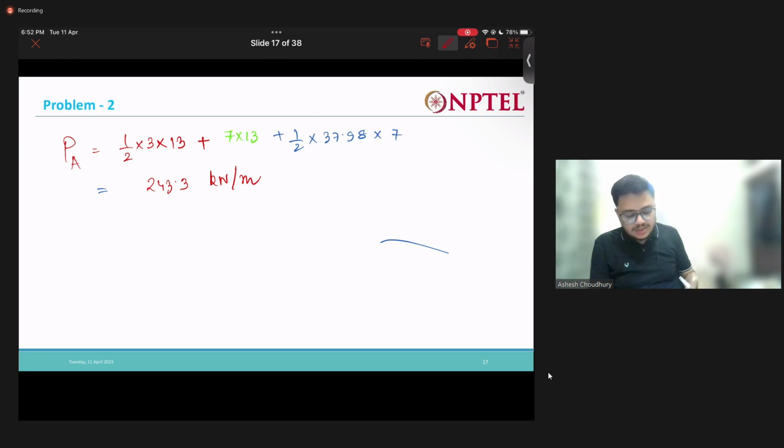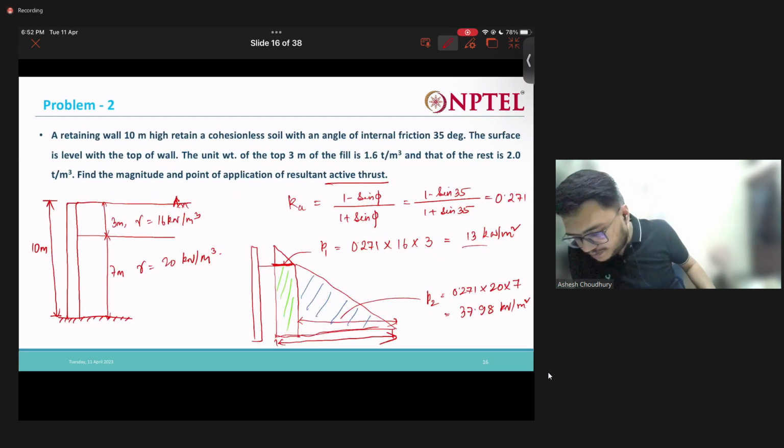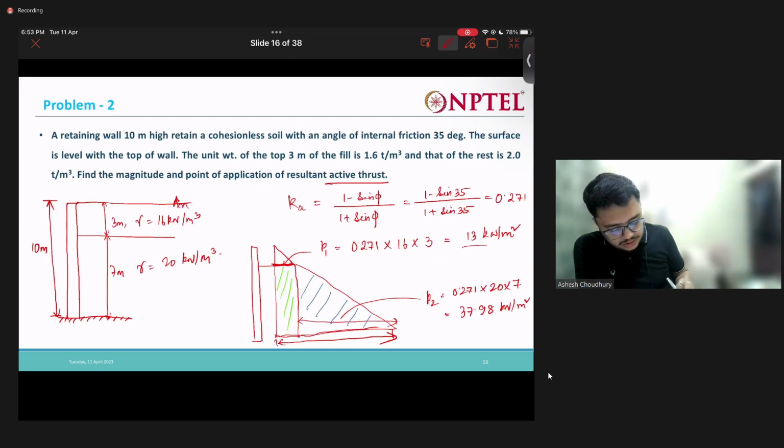Now what we need to do is determine the point of application of this PA. Where is this resultant actually acting? For that, we need to find out the centroid of this figure. So it's actually very easy. Let us determine the height from here.